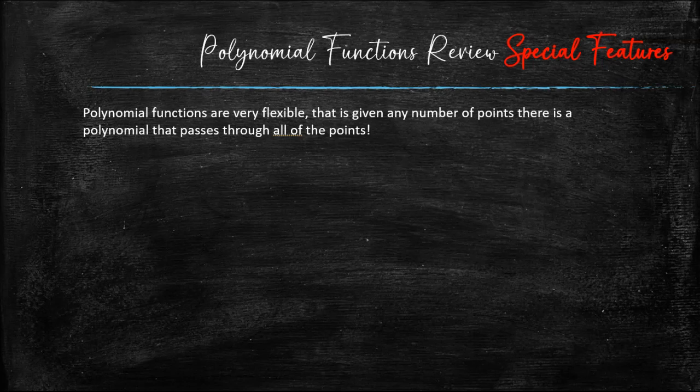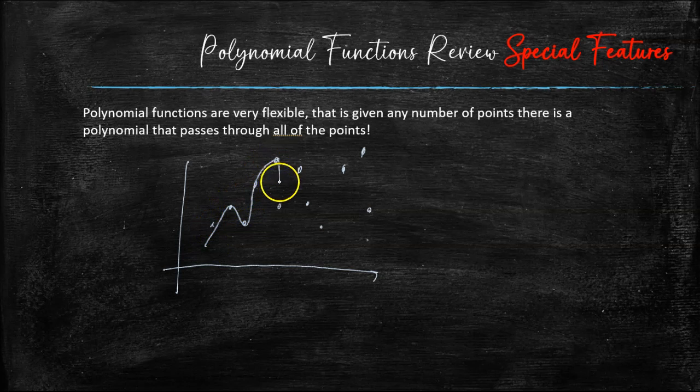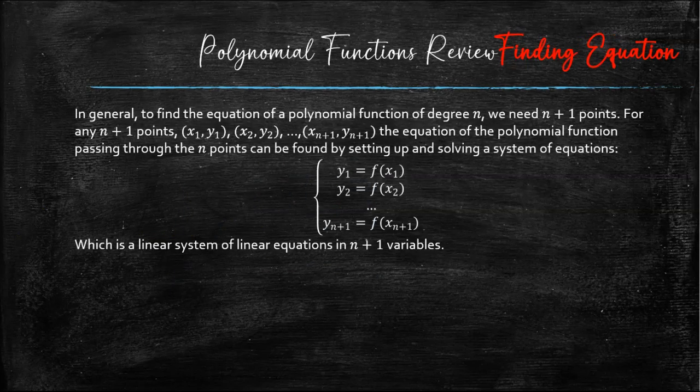That means if you give me any number of points, say 1,000 points anywhere, as long as they don't sit on the same vertical line, I can find you a polynomial that goes through all of those points. It's going to be a nice smooth curve, and we can find the equation of it. It will be a polynomial function. So they are very nice smooth curves, which makes them very special.